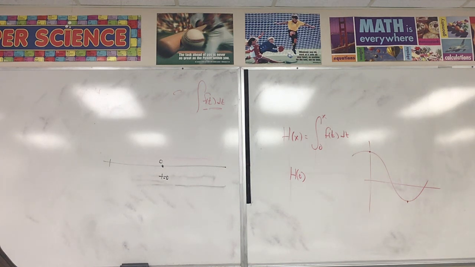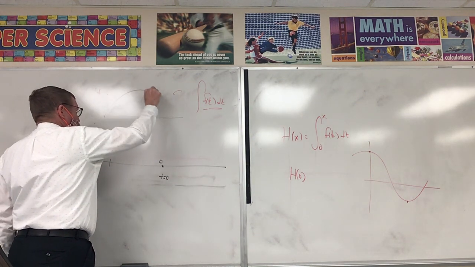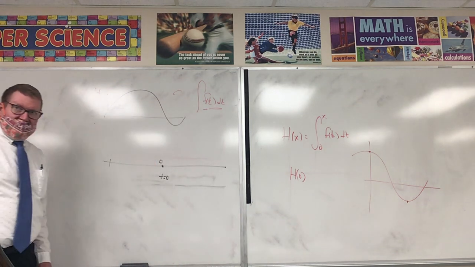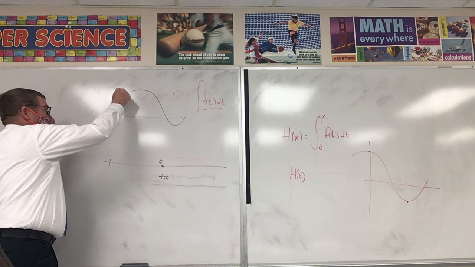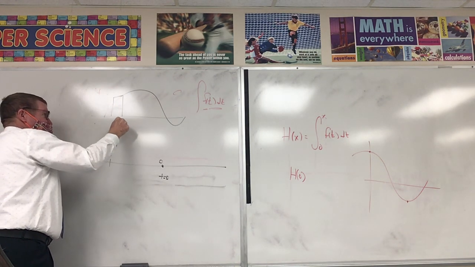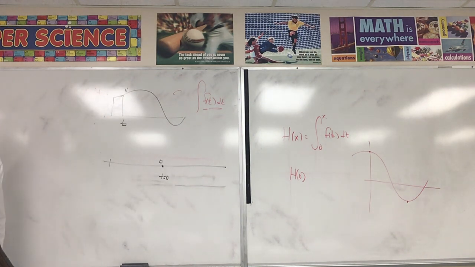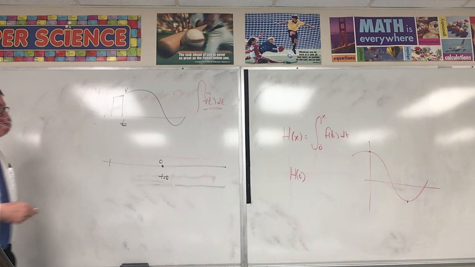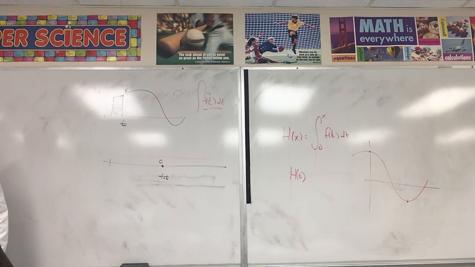Displacement is the change in distance. But as far as looking at the graph, remember, this is a velocity graph, correct? We talked about area under the curve, because this is time and this is velocity. What is velocity times time? Distance. So the area is distance.